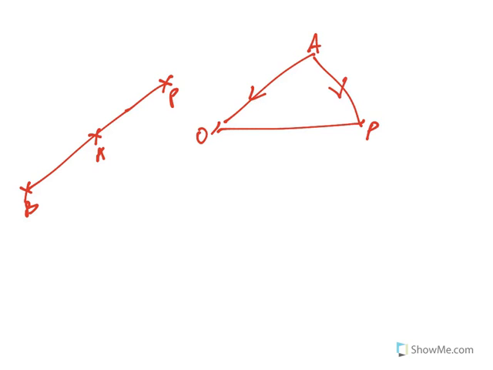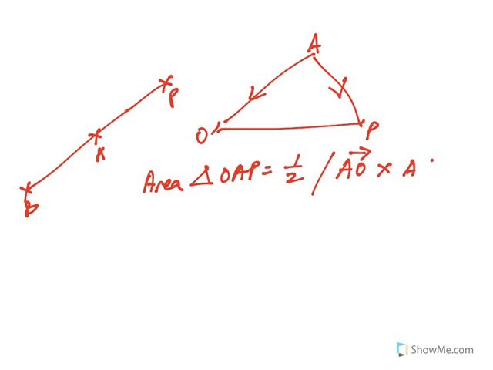Can we say that the area of triangle OAP is equal to half of AO multiplied by AP? Correct, right? With that, we just find out what AO is. AO is half of 1, 3, negative 2, negative of OA.